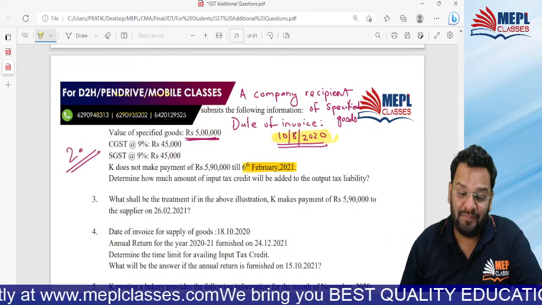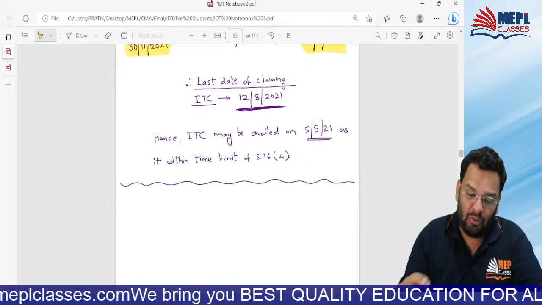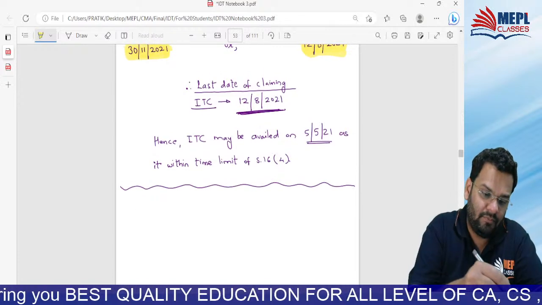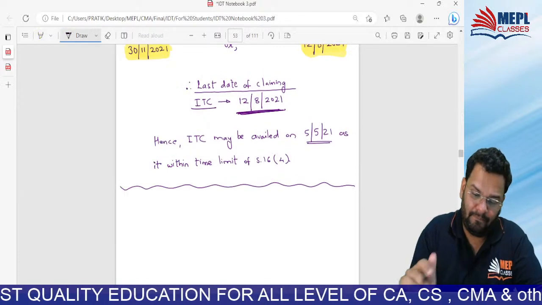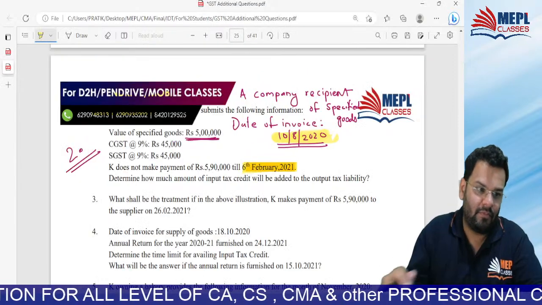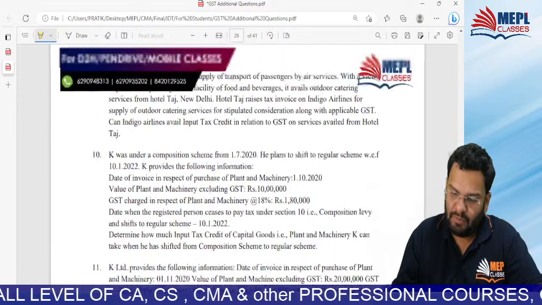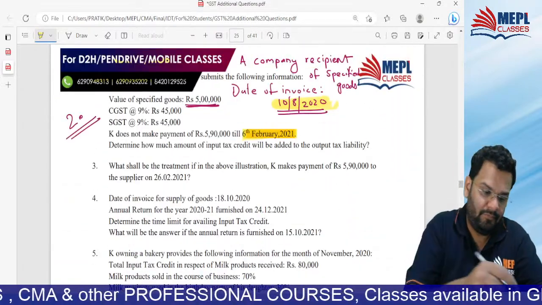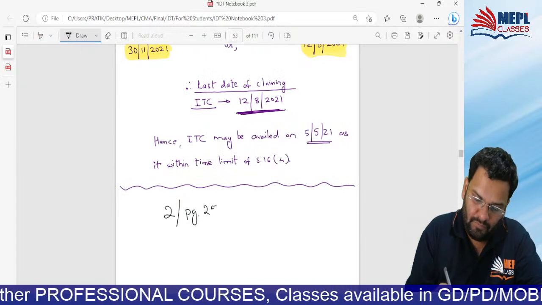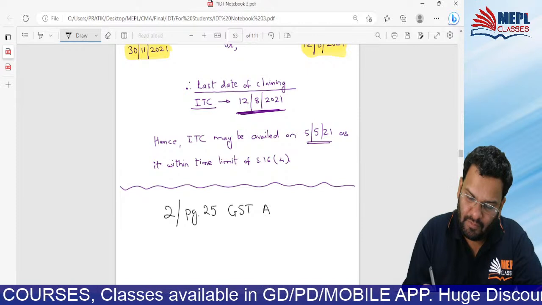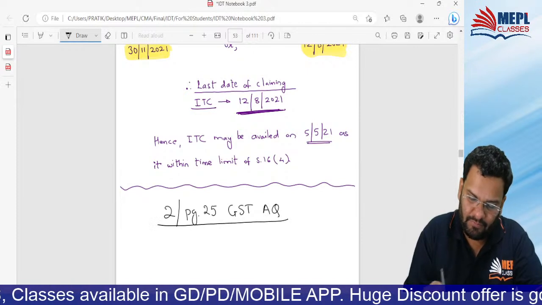First of all, we are talking about page 25, GST additional questions.